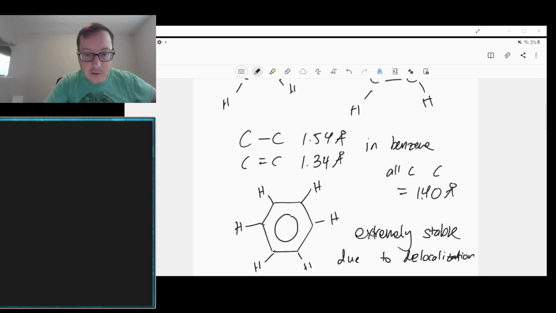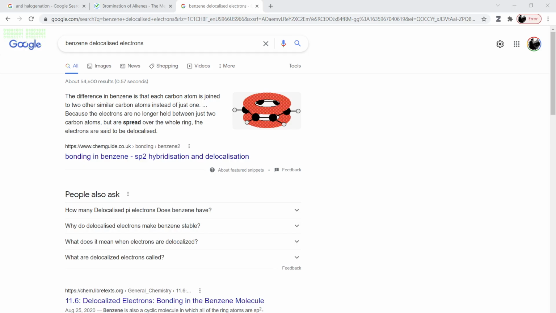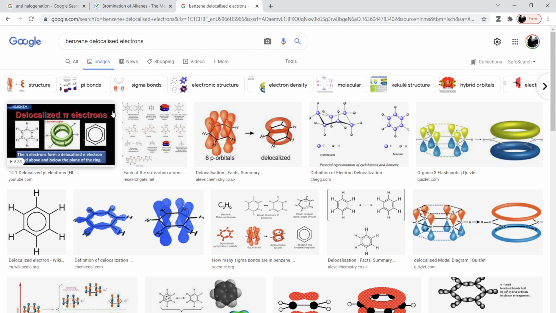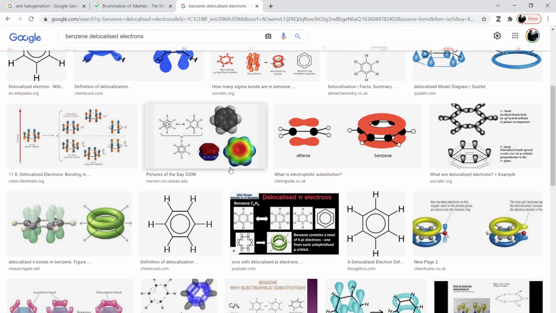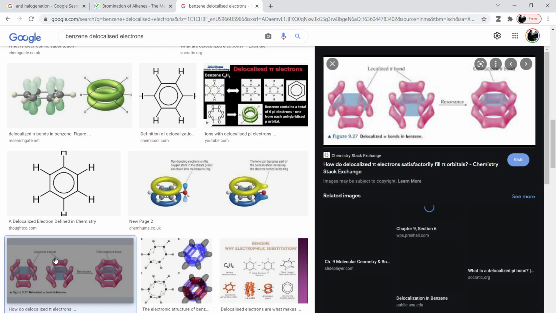Okay, so let's take a look at the delocalization of benzene's electrons. And let's see if we can find some nice images. These are still not the best. This one. This is what I'm looking for.